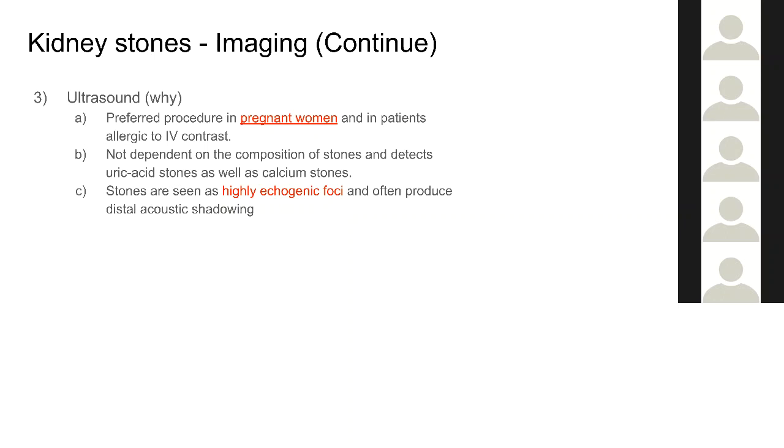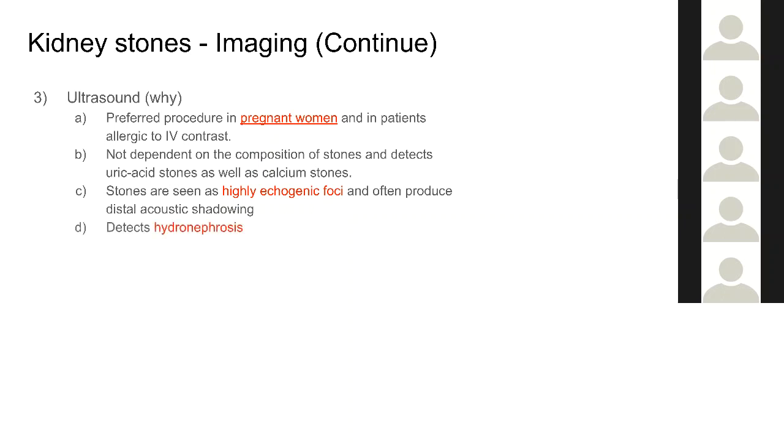It's not dependent on the composition of the stone because you usually use the shadow behind the stone to predict where the stone is in the kidney. So it really doesn't matter what the stone is made of. As long as they have a stone and a shadow behind it, you can see it. You usually see distal acoustic shadowing. That's what they use to detect it.